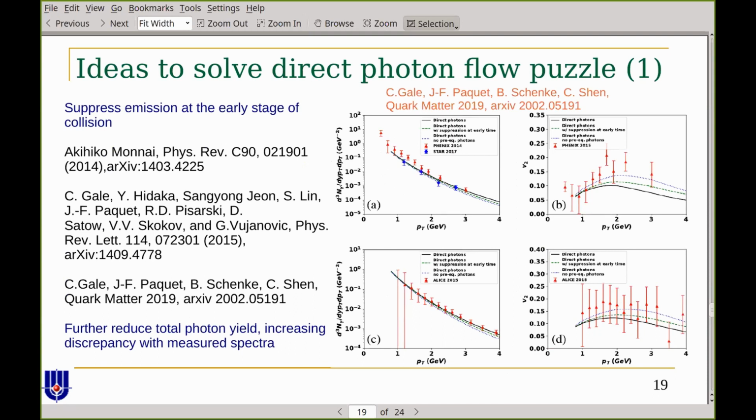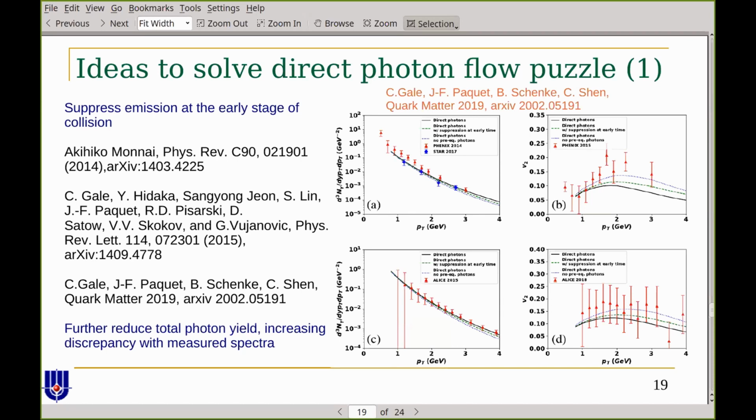Okay. There are two kinds of ideas to solve this puzzle, and we can split them into two classes. First is to somehow reduce direct photon emission from the first hot quark-gluon plasma stage.